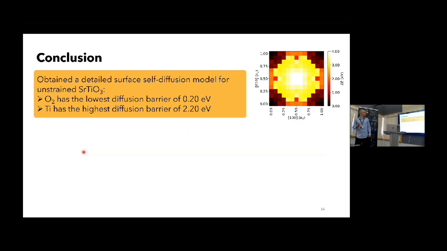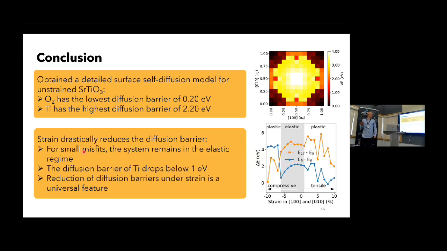So to come to an end, we obtained a surface self-diffusion model for unstrained strontium titanate. Just for reference, O2 has the lowest diffusion barrier and titanium the highest. And we showed that strain drastically reduces the diffusion barrier.